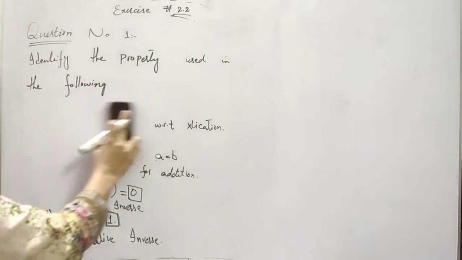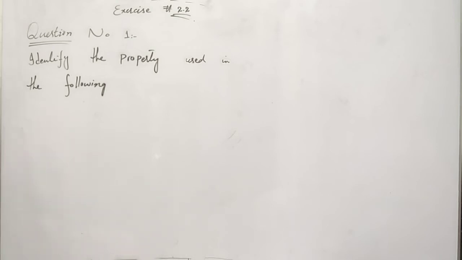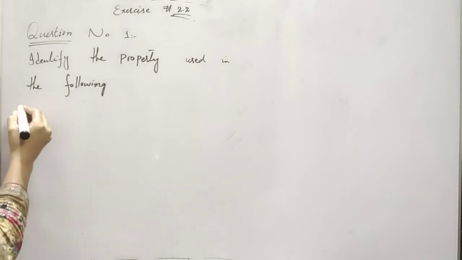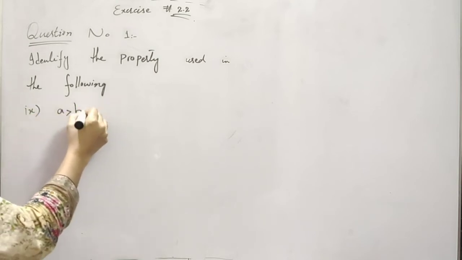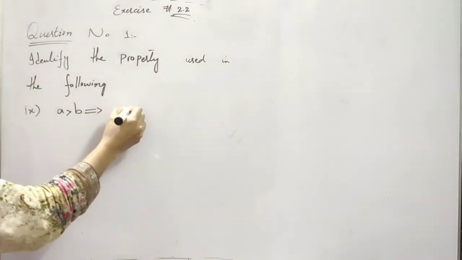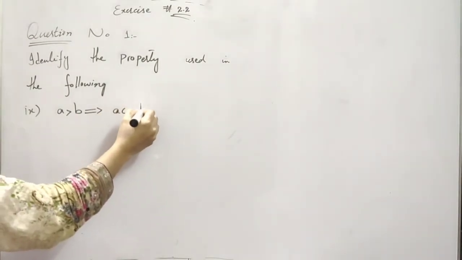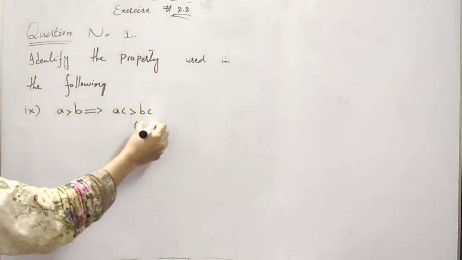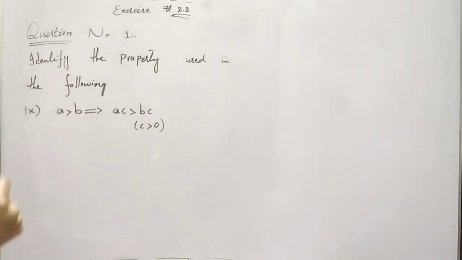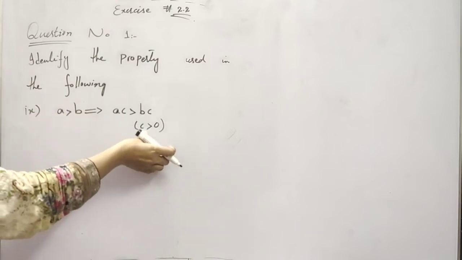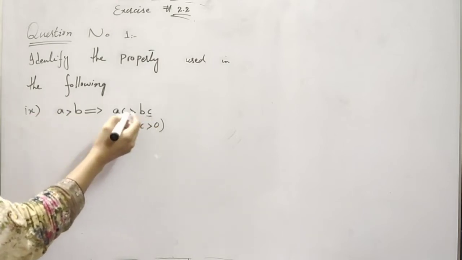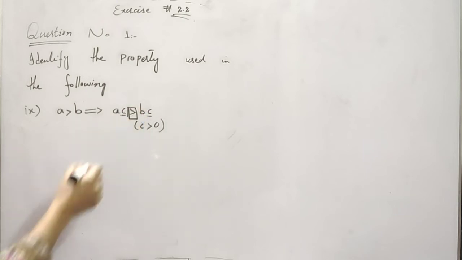Okay, the eight parts are solved. We easily identify each property which is used in these 8 parts. And the ninth part is: A is greater than B. It implies that AC will be greater than BC, and here C is greater than 0. It means that if we take any two numbers and the first number is greater than the second, then if we multiply any positive number on both sides, the inequality sign can never be changed.